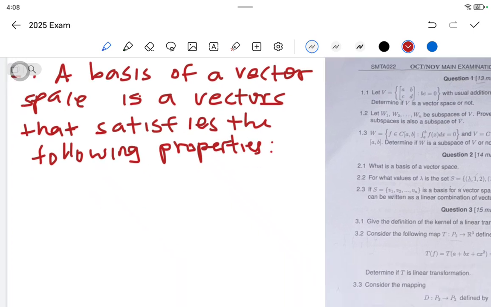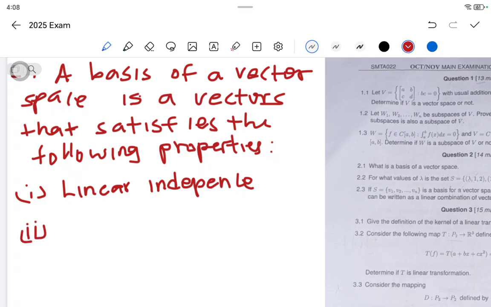When they ask you a question, most of the times you're allowed to freestyle, right? As long as you give the correct meaning of what you're saying. So the first thing, it must satisfy linear independence. Then secondly, it must satisfy spanning.